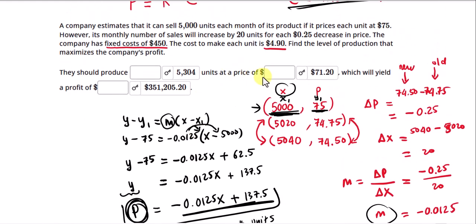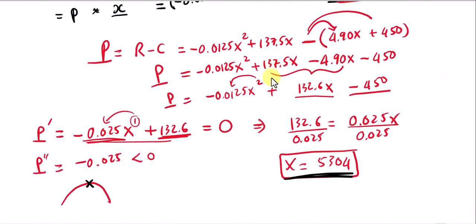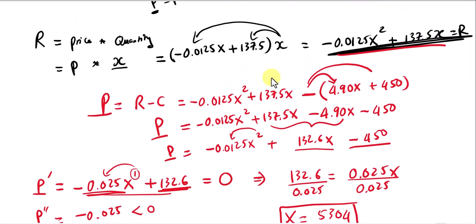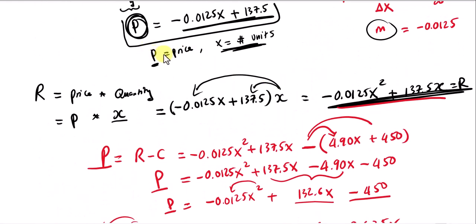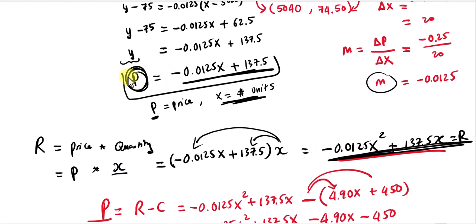Now we want to find at what price. To find the price, we have to go back to the price equation. The price equation is right here. This is the equation for the price. And now you just have to plug in the x value of 5,304.